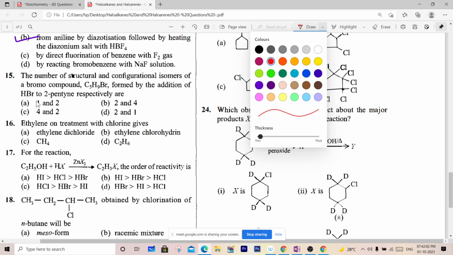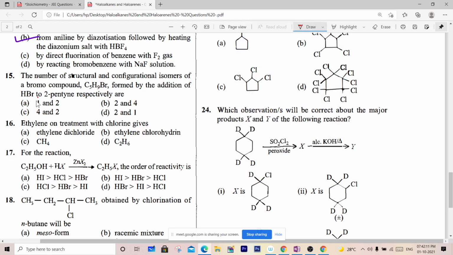The number of structural and configurational isomers of bromo compound found with the addition of HBr to pent-2-yne. Okay. Here we have 1, 2, 3, 4, 5, pent-2-yne. Now I am adding HBr here. How many structural and configurational isomers are possible for this?